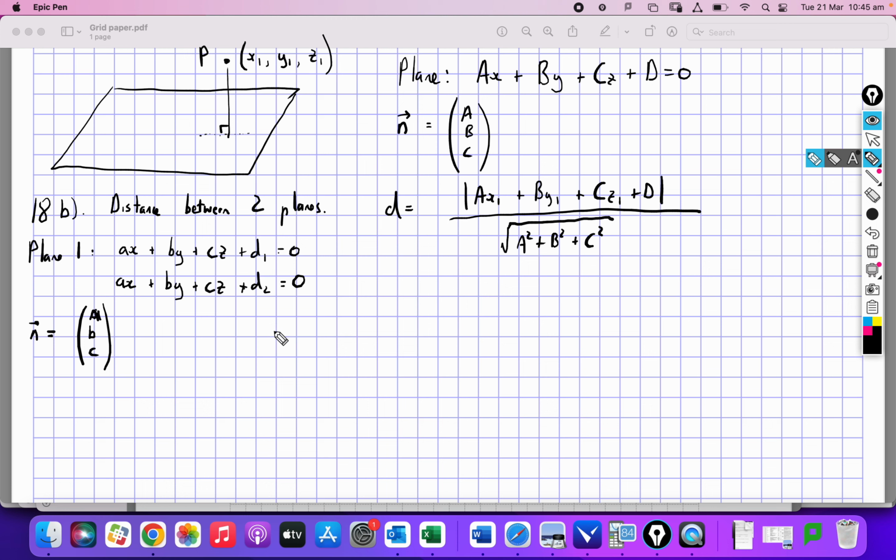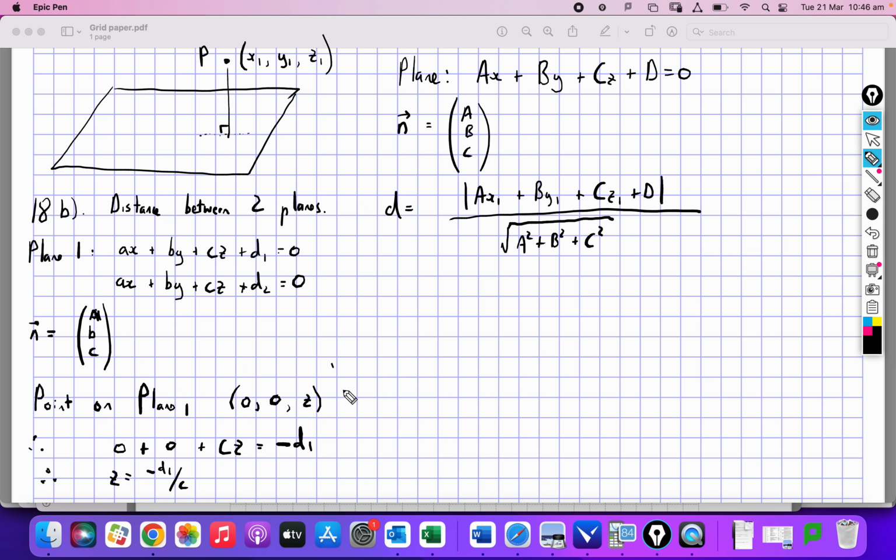On plane 1, a point on plane 1 could be 0, 0, z, which means we would have a times 0 plus b times 0 plus c times z has to equal minus d1, and therefore the z value would equal minus d1 on c.